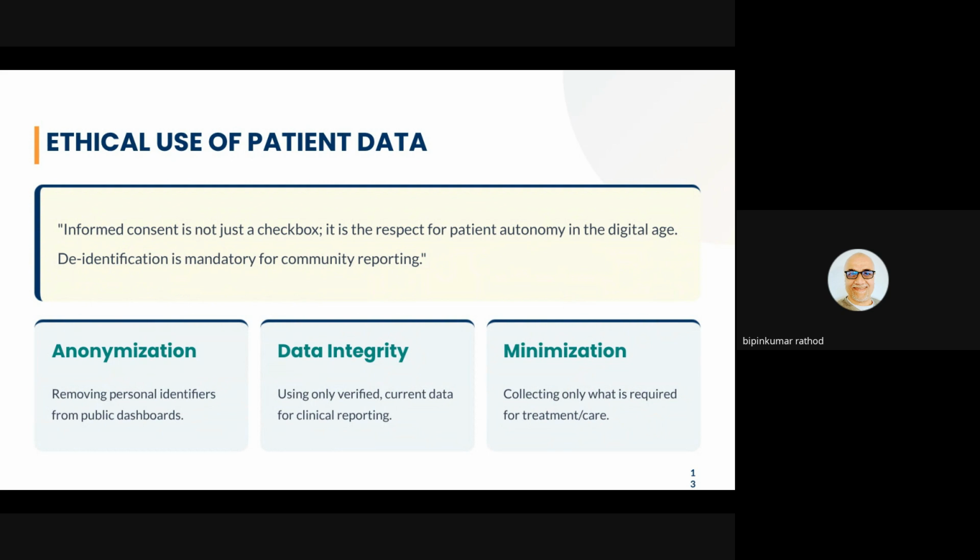When we use the patient data, we need to make sure about these three aspects of the patient data. You should remember that we are approaching the deadline to have a DPDA-compliant hospital by June 2027.